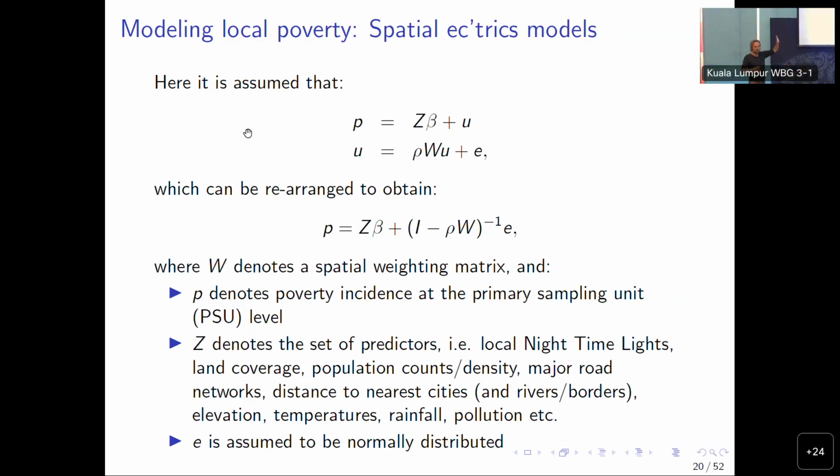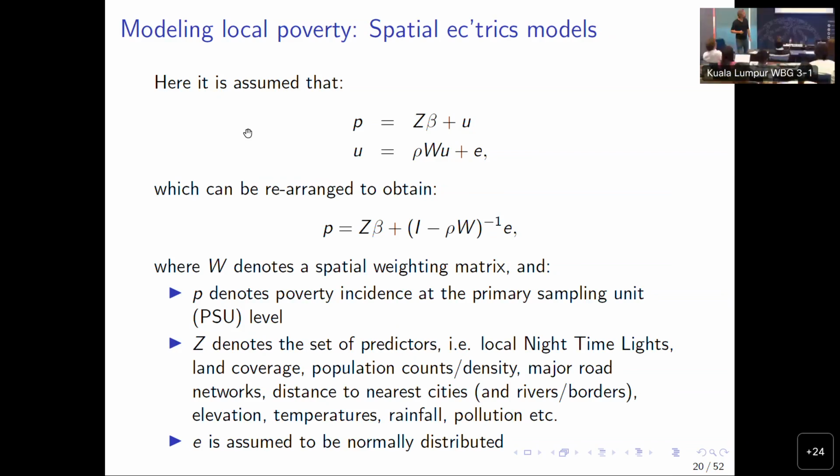Because if it's not sparse, and you have a country where you have, say, in the case of Malawi, 12,000 by 12,000 enumeration areas, when you try to estimate the model and work out the first-order conditions, you have to do matrix calculus, including inverting matrices and computing eigenvalues of 12,000 by 12,000 matrices, which is not a trivial task. Anyway, I'm not going to bore you with that. So Z are the covariates that can be extracted from the remote sensing data, and we're going to assume normally distributed errors in this case.